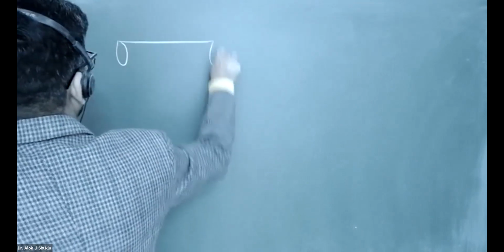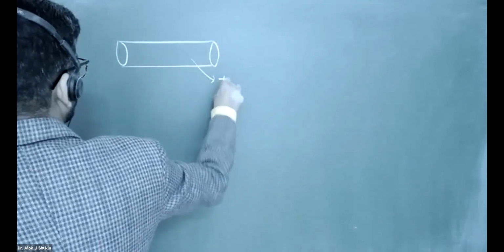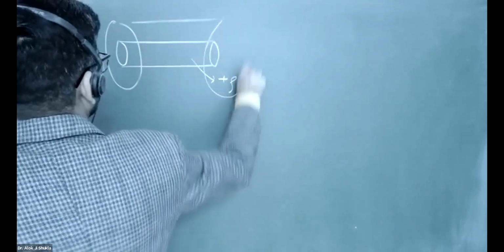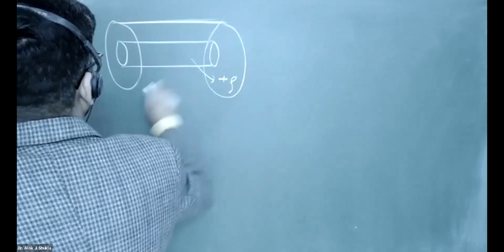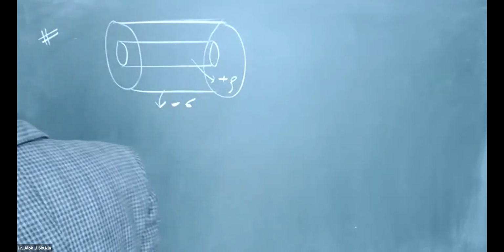जैसे ये क्वेश्चन करते हैं, ये पहले किया हुआ है. This is some infinite cylinder consisting of charge density plus rho, and then outside is this hollow, and then outside is minus sigma charge density.